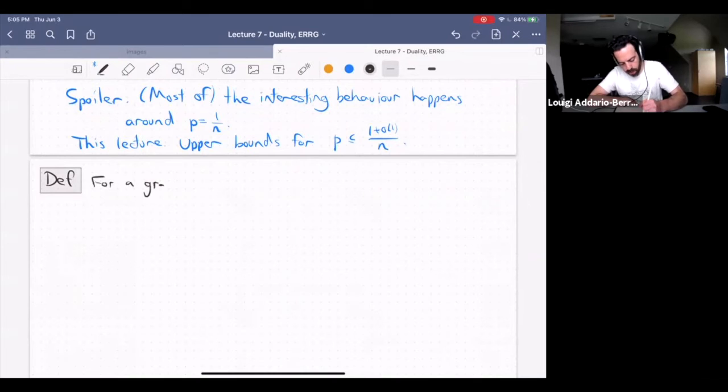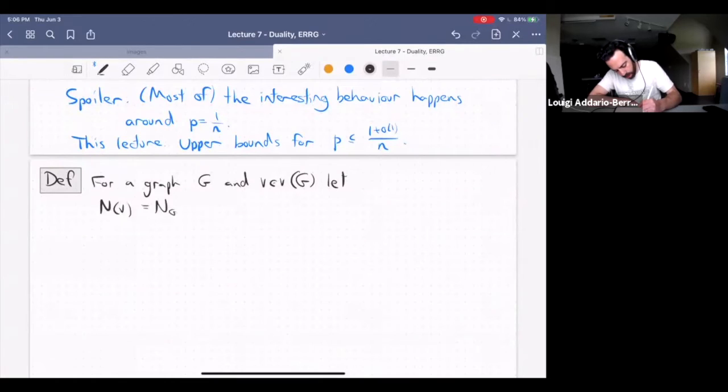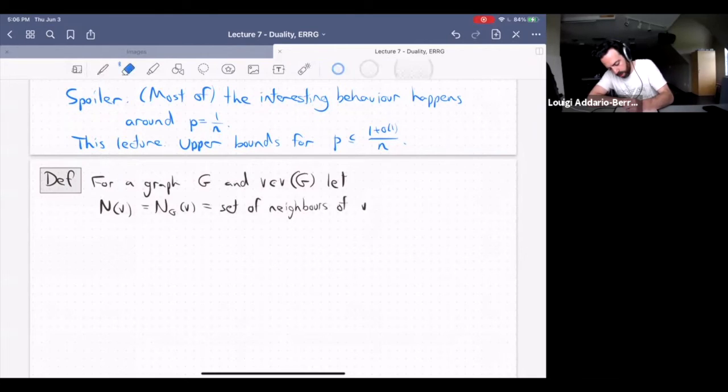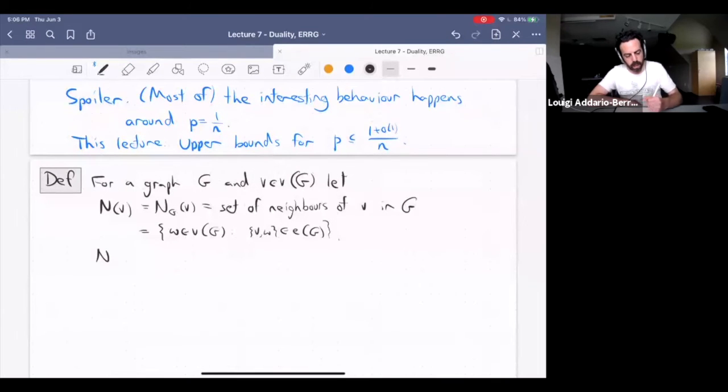Given a graph G and some vertex v of the graph, I'll write N(v), or N_G(v), to be the set of neighbors of v in G. So this is the set of vertices w such that vw is an edge of the graph.